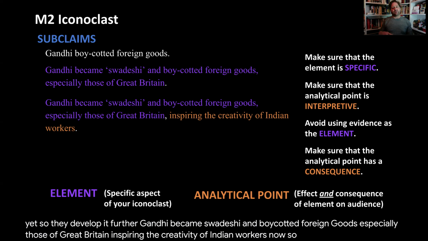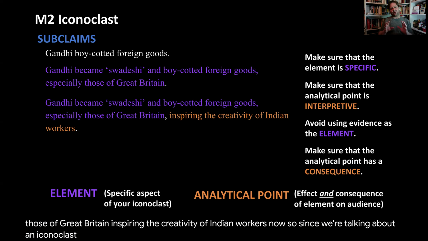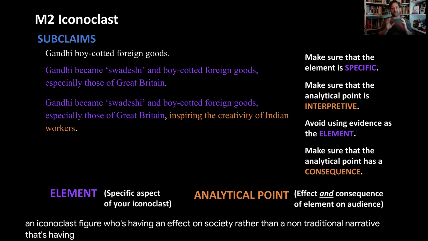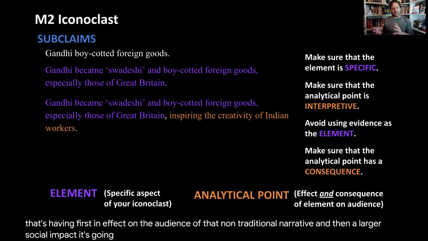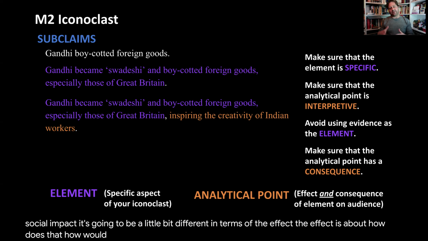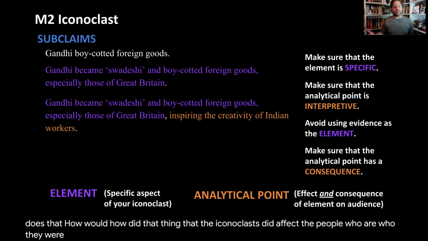Now, since we're talking about an iconoclast figure who's having an effect on society, rather than a non-traditional narrative that's having first an effect on the audience of that non-traditional narrative and then a larger social impact, it's going to be a little bit different in terms of the effect. The effect is about how that thing that the iconoclast did affected the people they were supposed to affect.